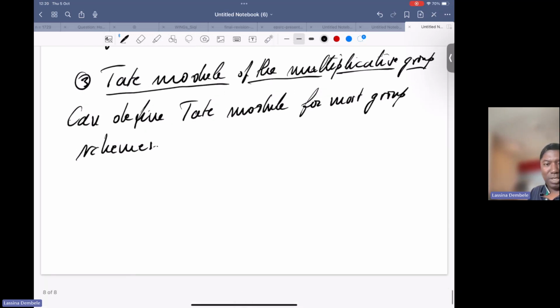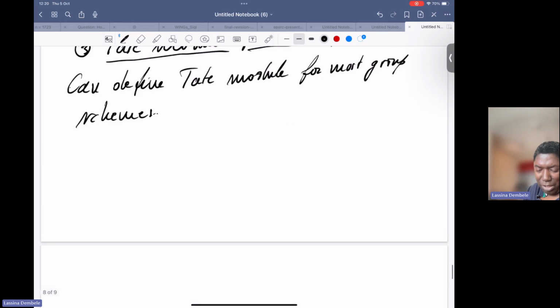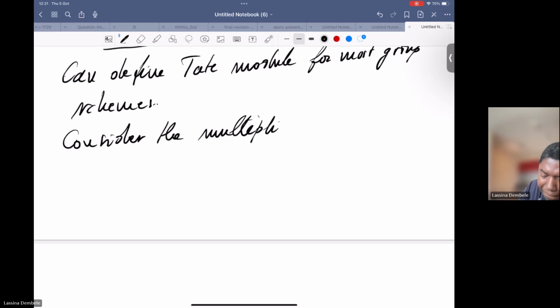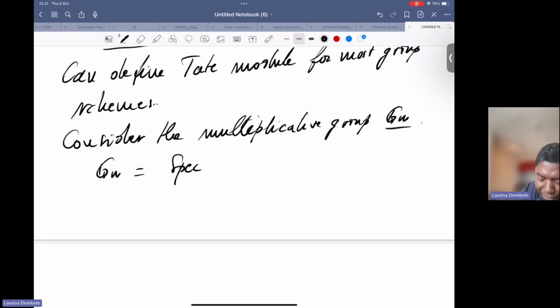What we're going to do now is consider the multiplicative group G_m. You can view this G_m as Spec of K[T, T inverse].